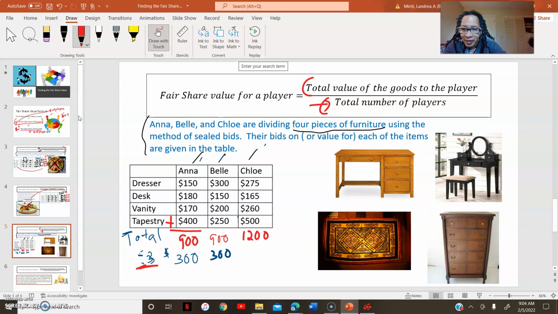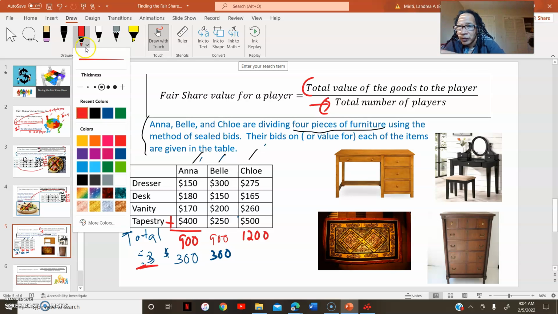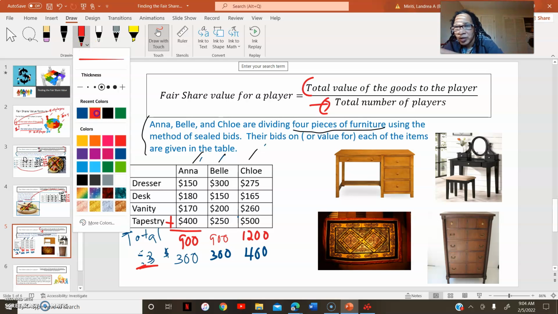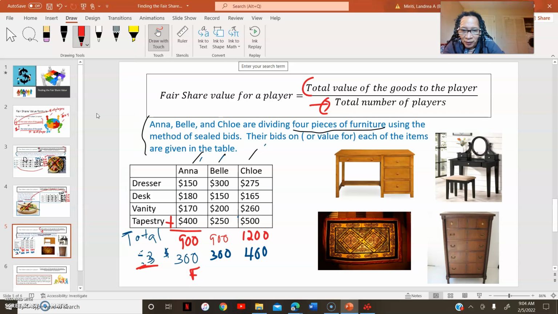And if you divide that by 3, then we end up with $400 as their fair share values. So we did the same thing, it's just that the information in the chart might have been arranged a different way, but we have found the fair share values for each player.